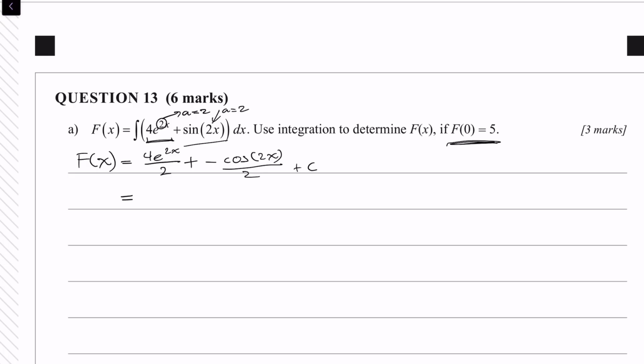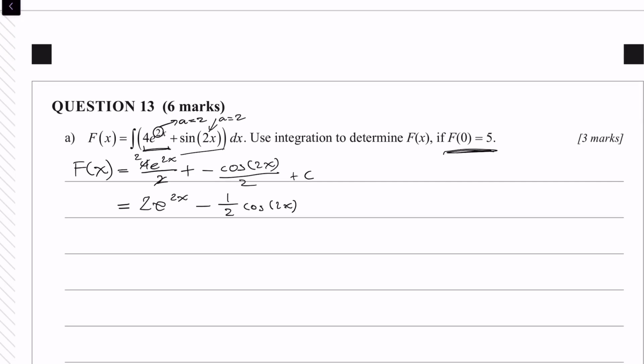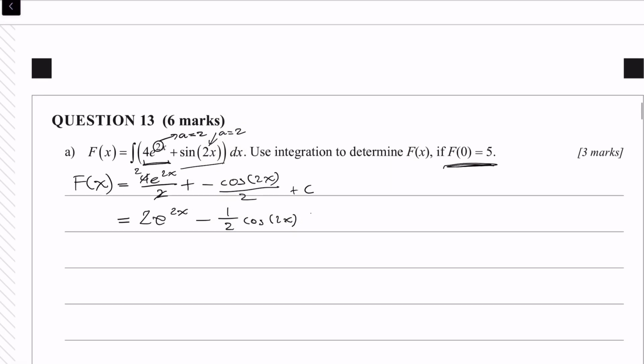And then now we simplify. 4e to the power of 2x divided by 2, that's just halving, so 2e to the power of 2x. And then this plus minus becomes a minus, half cos 2x. I like putting the half on the outside in front of the trigonometric expression, because I want to clearly know my a values and my coefficients, rather than keeping this at the top of the fraction, which can sometimes be a bit confusing, at least for me.